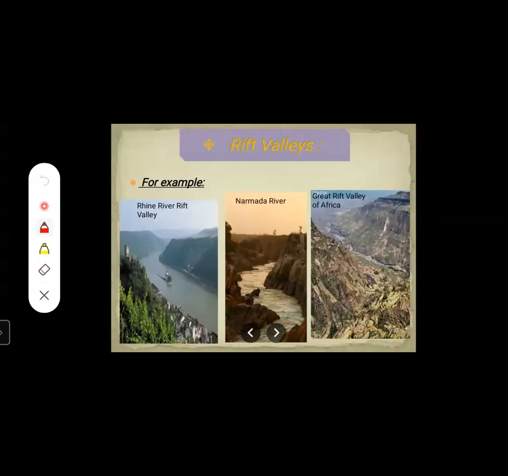See here, for example, of Rift Valley. Here you can see on both sides there is a mountain and the middle part subsides because of the tension.